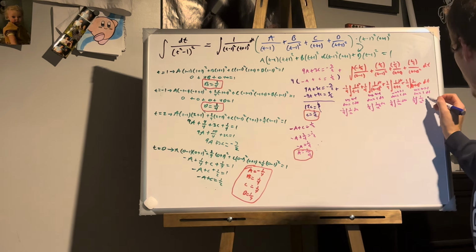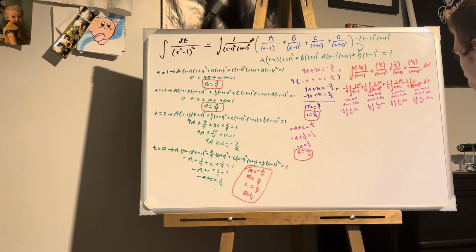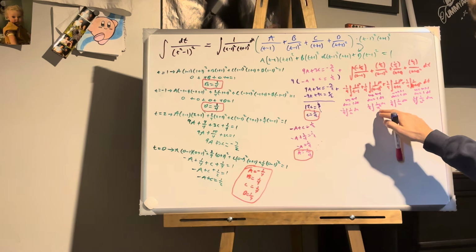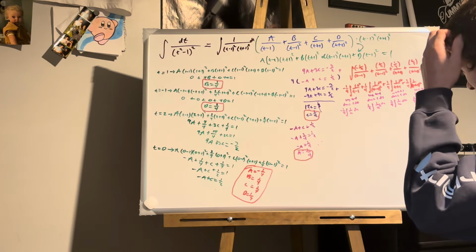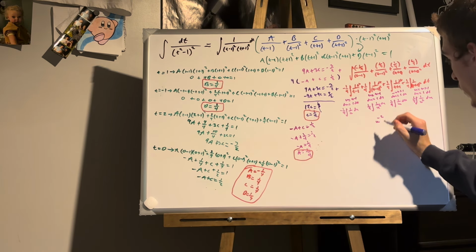All right. So don't let the trends of what we've been doing mess you up with these 1 over u squareds, because that is not a natural log. That is just an antiderivative of this, okay?